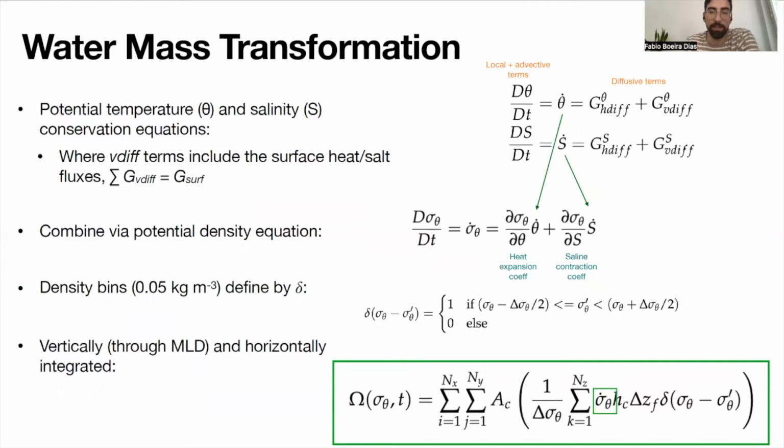And then you combine the heat and salt budgets via the potential density equation, using the thermal expansion and haline contraction coefficients, and then you bin those diagnostics into different density classes. And then to obtain water mass transformation rates in Sverdrups, you integrate everything over the vertical, over the mixed layer depth, and horizontally.